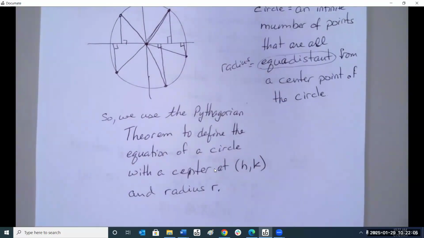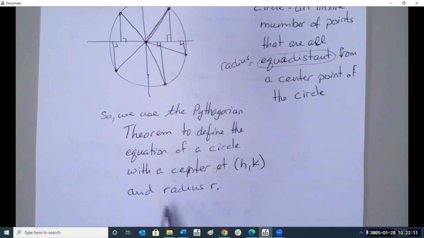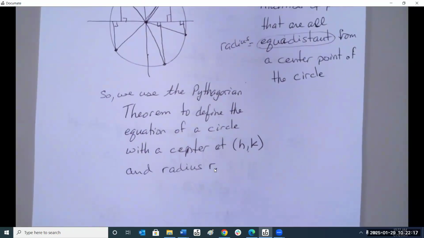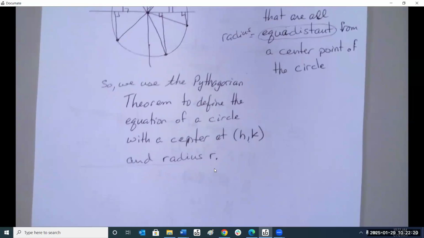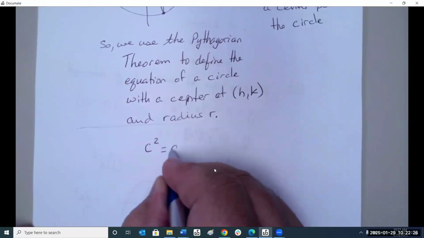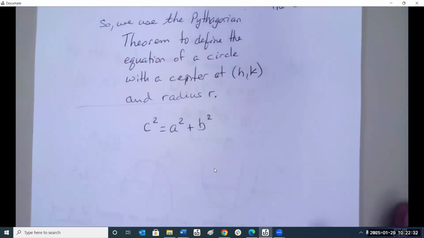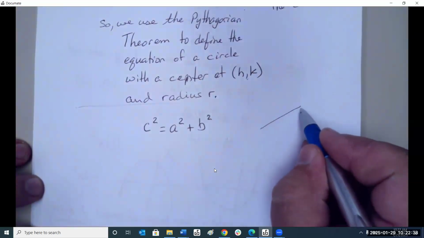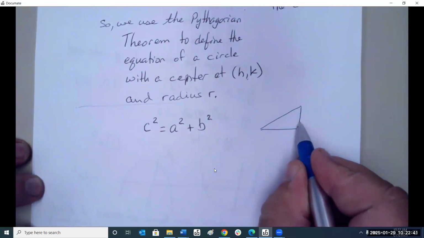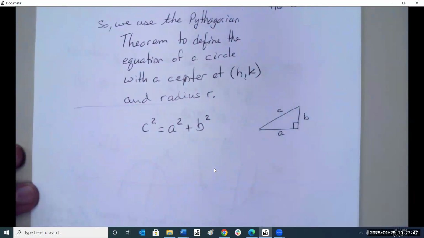So we use the Pythagorean theorem to define the equation of a circle with a center at (h, k) and radius r. So that's c squared equals a squared plus b squared. Remember, this is a, this is b, and that's c.